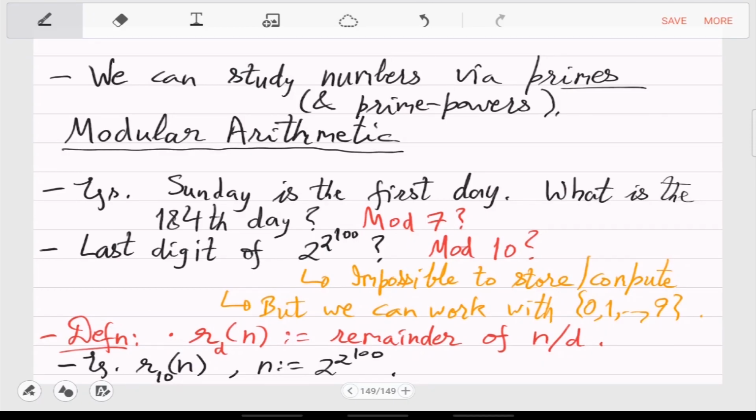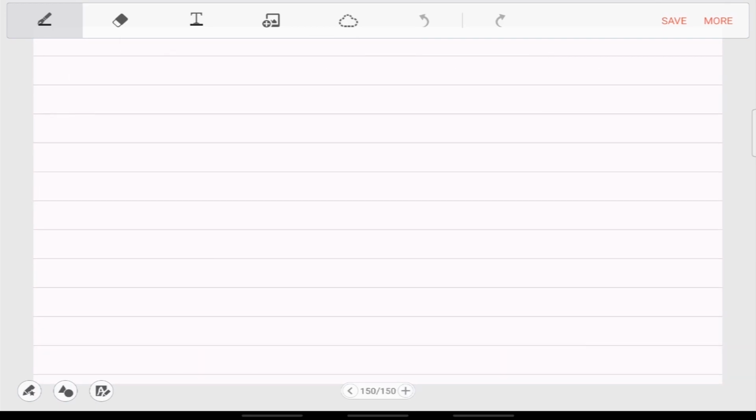So the reason why this function is of interest everywhere in math and now especially in computer science is because it has this interesting property that remainder of A times B, how is it related to remainder of A and remainder of B?